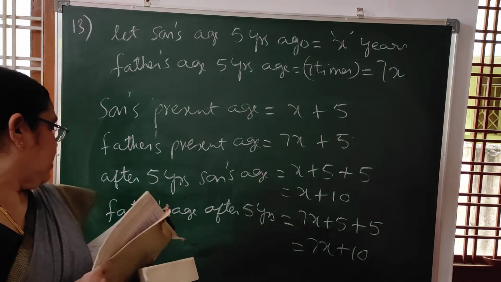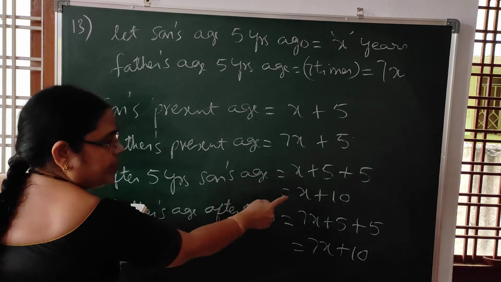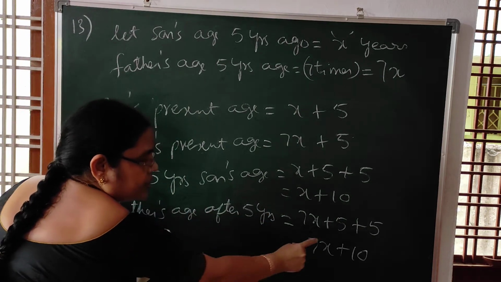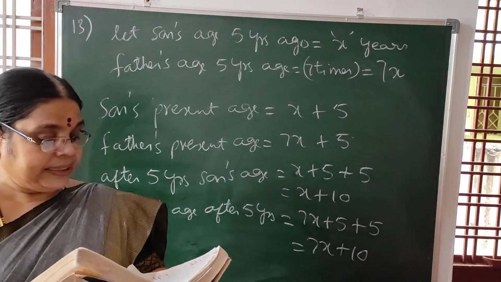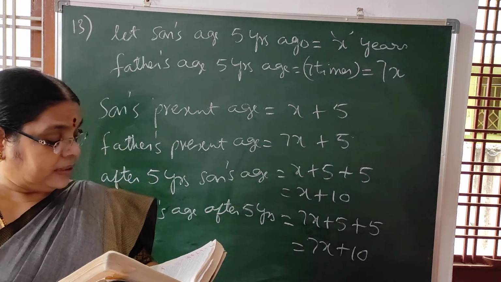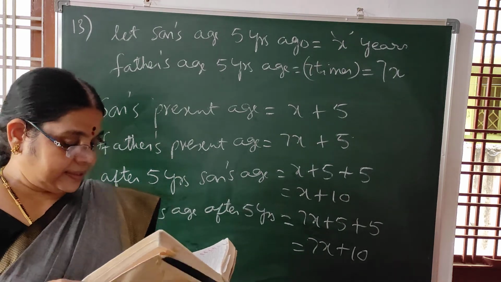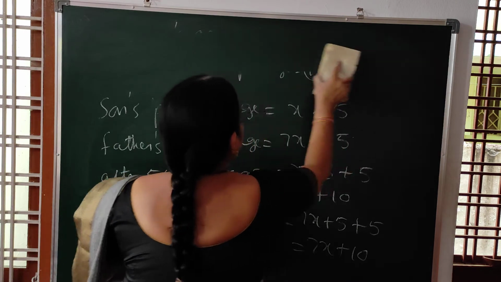Now the son's age became x plus 10 and the father's age became 7x plus 10. So what is the condition or hint given here? Five years hence the father will be 3 times as old as his son. So the condition is about their ages 5 years after.